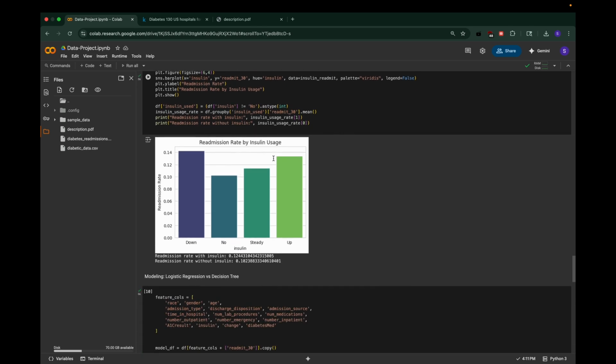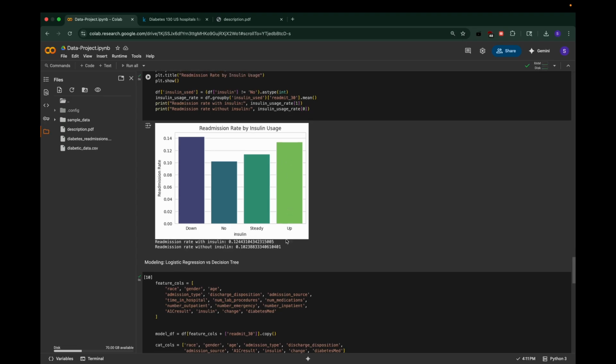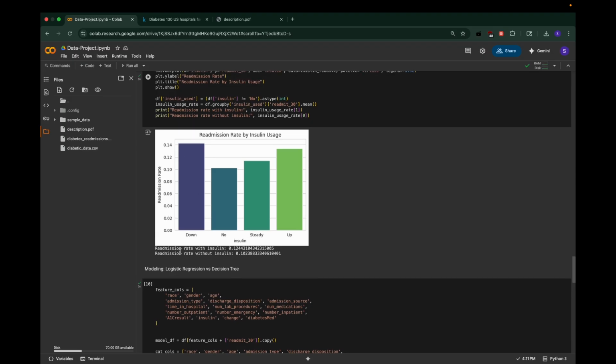People who have an insulin status of up have around 0.13, and people who have it down have a pretty high 0.14. The readmission rate for people with insulin is about 12%, and the readmission rate without insulin is about 10%.